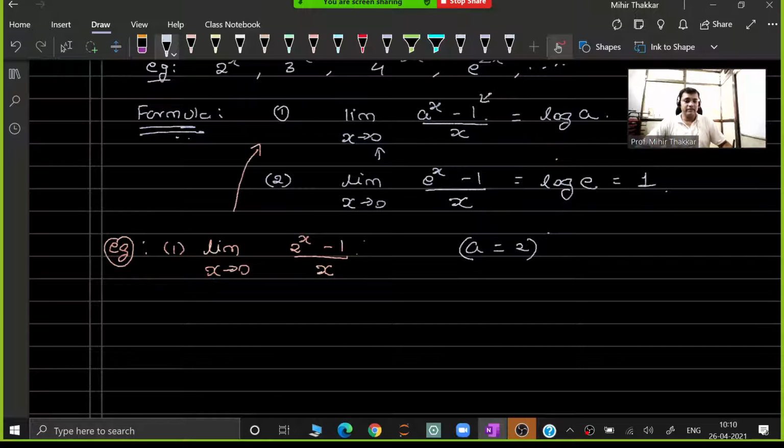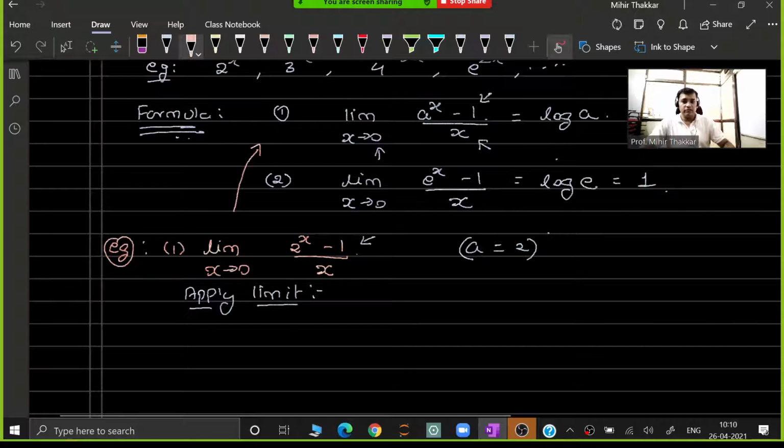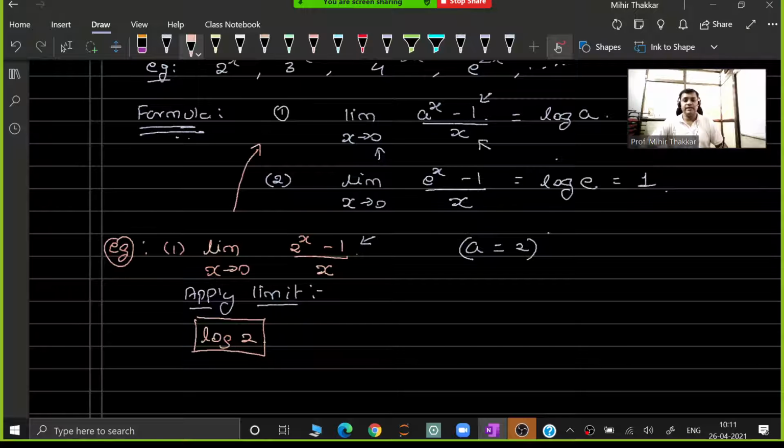I am subtracting 1 over here, as well as the denominator is x. So straight away I will apply the limit. And obviously when you apply the limit, it means that you just have to substitute the formula. So on substituting the formula, you will get it like this. Log of 2. As simple as that.